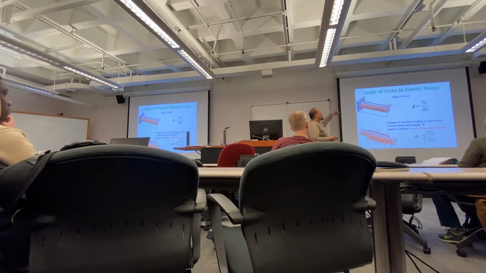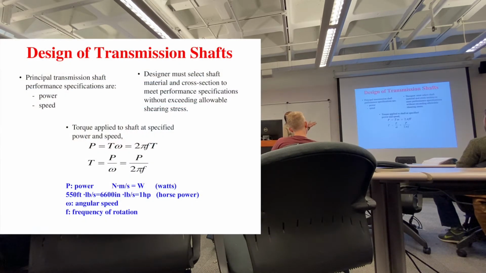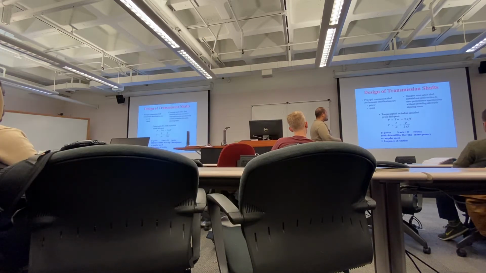Well, if you are dealing with transmission shafts, then you just need to add the power equation, where P equals T omega, or 2 pi F T, where F is the frequency of operation in hertz, pi is pi, and P is the power. Whether it's in newton meter per second, which is watts, or kilonewton meter per second, which is kilowatts, or foot pound per second, or inch pound per second.